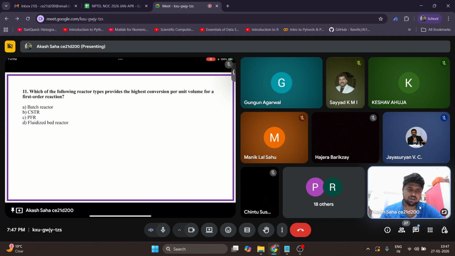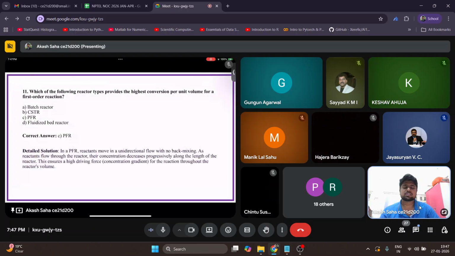So PFR is the correct answer. By saying that it has infinitely many CSTRs, it means that we consider each plug as a CSTR. It doesn't mean that it has an infinite number of CSTRs, but we call each plug of the water a CSTR.